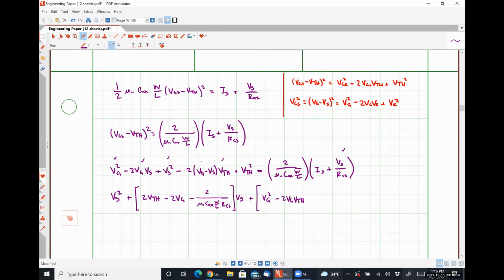VTH takes care of this part, plus VTH squared, which takes care of this guy.